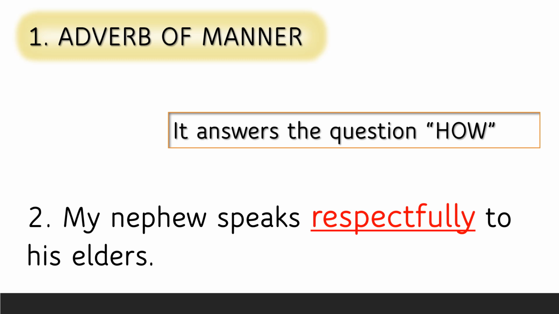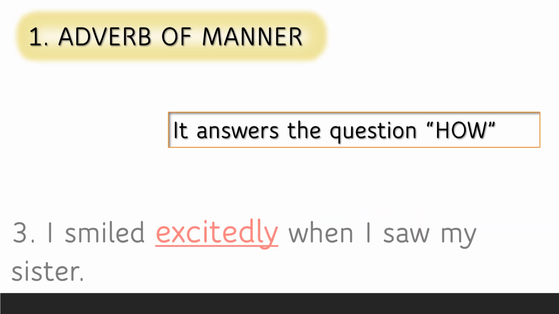Next example we are going to learn is: I smiled excitedly when I saw my sister. I have underlined the word excitedly.